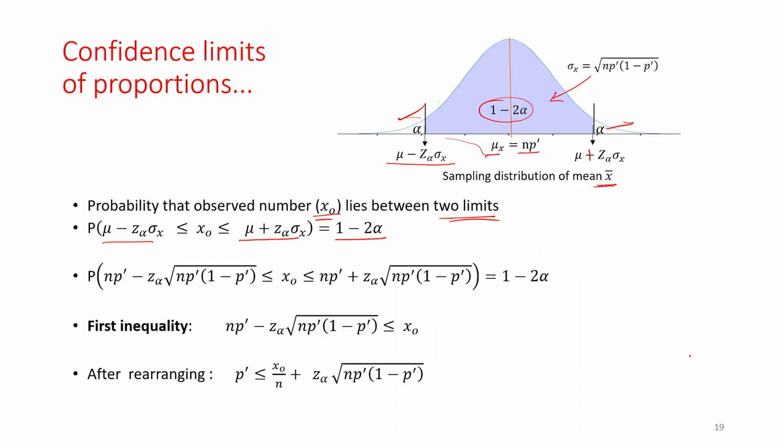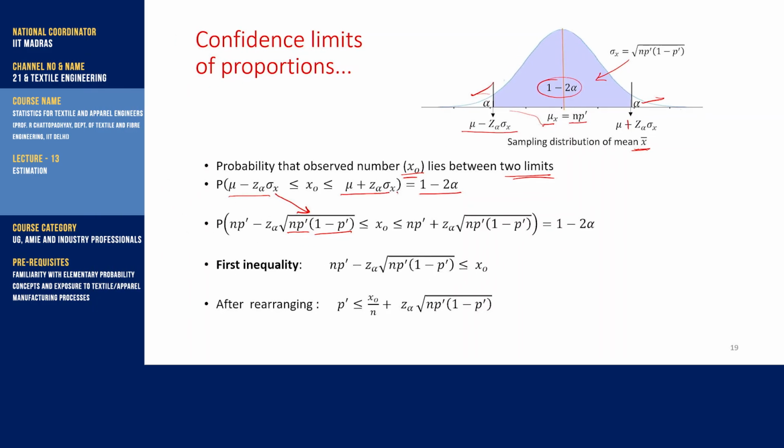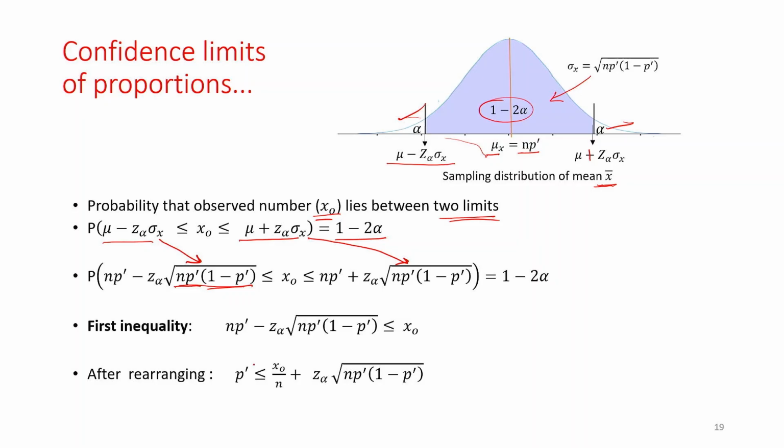Then we replace sigma by root over n p dash 1 minus p dash, and sigma x also by this. It looks a little longer, but we are not simply changing sigma x. Now we focus on the first inequality, the left hand side inequality. What is written here? That this whole thing is less than x0.